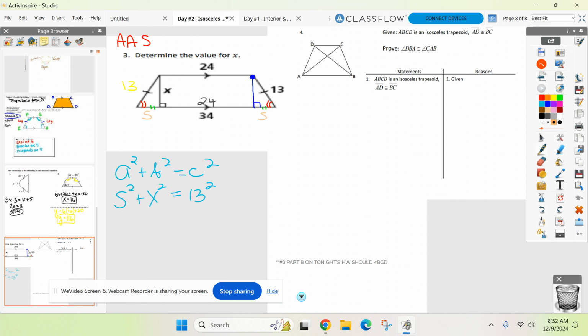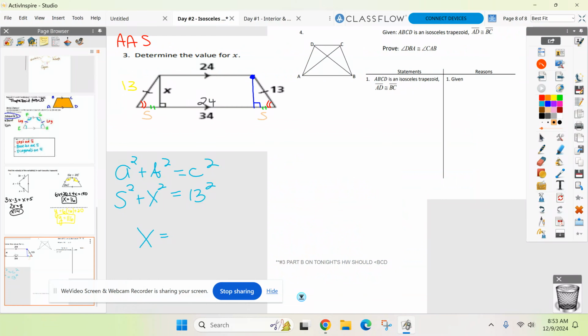Remember at the end, to get rid of the squared on x, you have to take the square root of both sides. All right, when you have it, let me know.